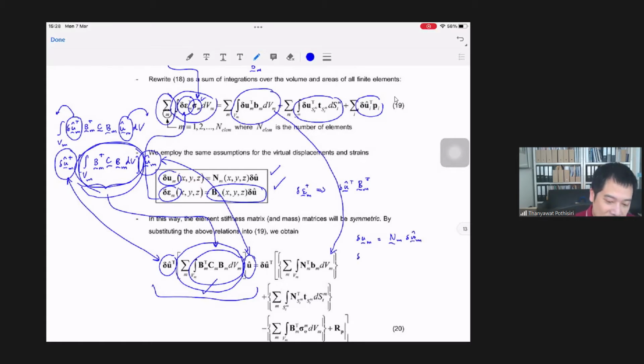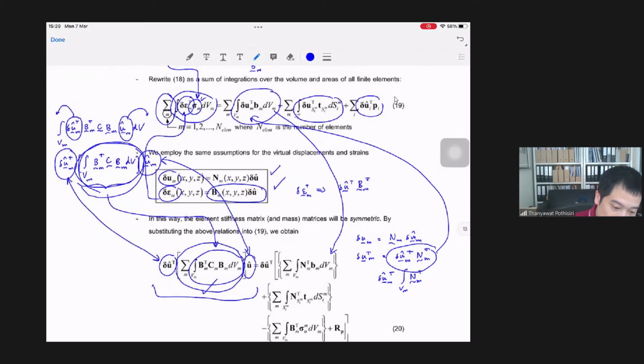Okay, so del u hat transpose is equal to del u hat f transpose and transpose like this. So you plug this back into the above equation here, so you end up with something like this.